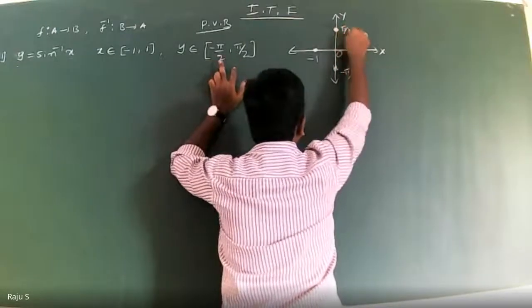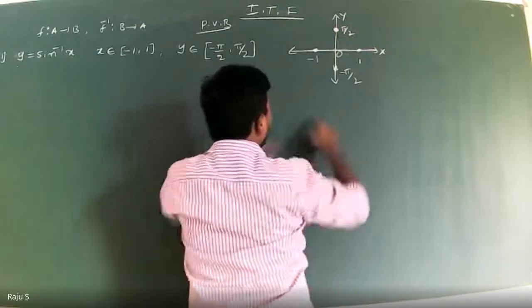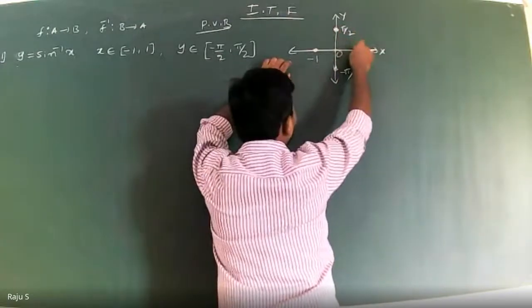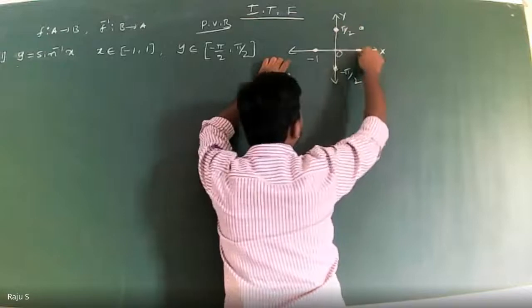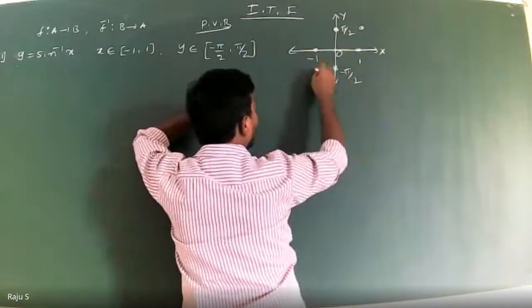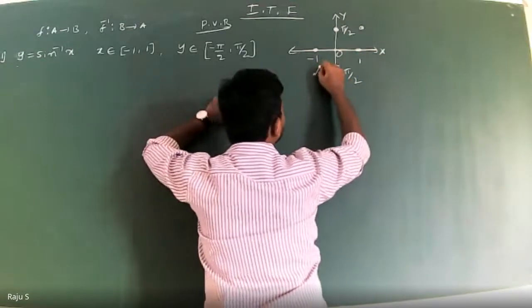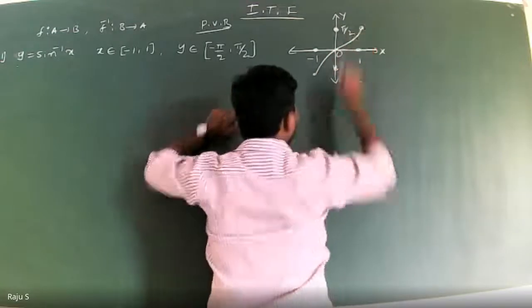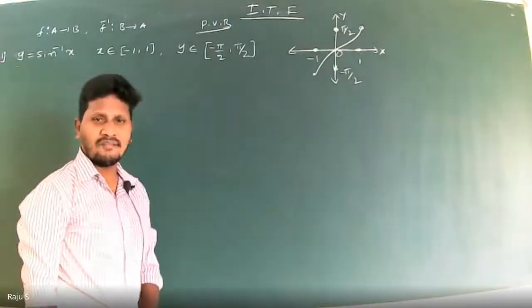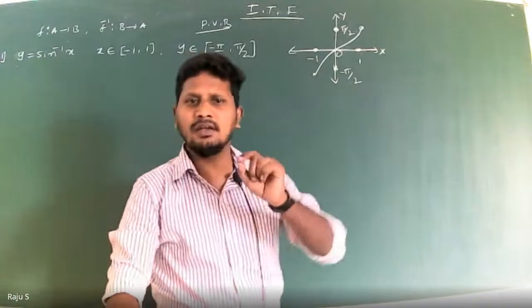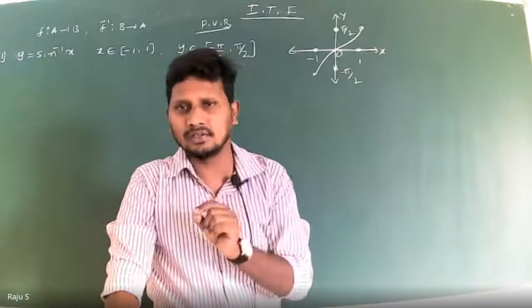Sine 90 is 1, and sine minus 90 is minus 1. So this is the graph of sine inverse x, and also remember that sine inverse x is an odd function.